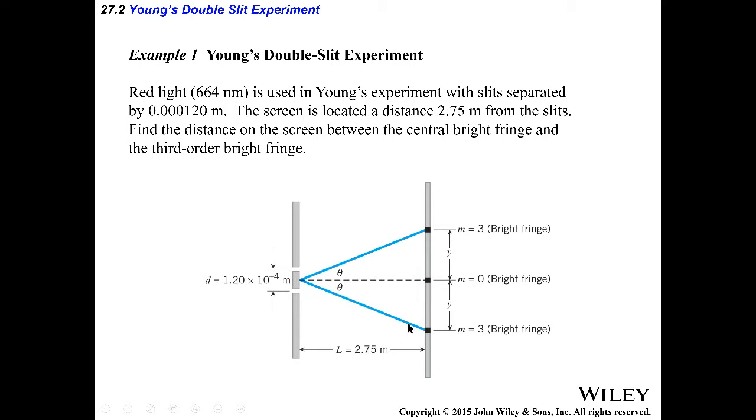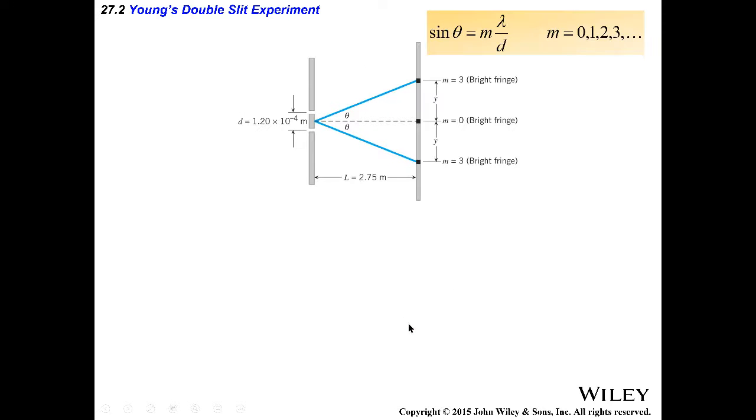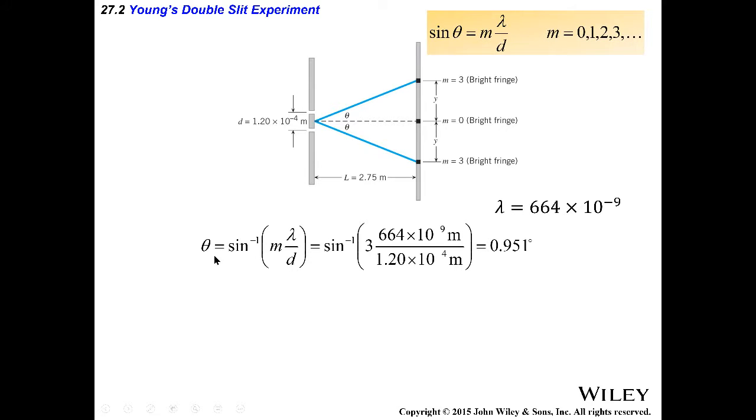Well, that's just a straight application of that formula. We say sine theta is m lambda over d, and lambda is, we are told, 664 nanometers, which is close to red light. And you therefore say the angle is the inverse sine, or arc sine, of m lambda over d, and they are interested in the third bright fringe away from the central one.